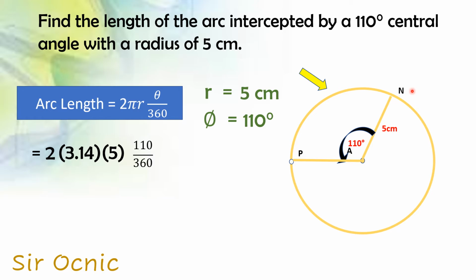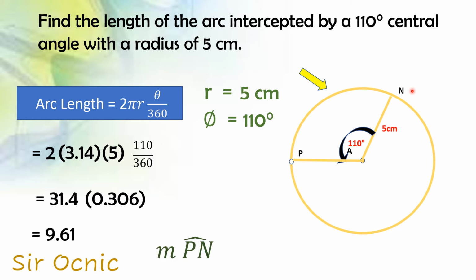Getting the product of the first three factors, you will have 31.4 times 110 over 360, which is equal to 0.306. Getting the product of these two, you will arrive at 9.61. That means that the measure of arc PM is equal to 9.61 centimeters.